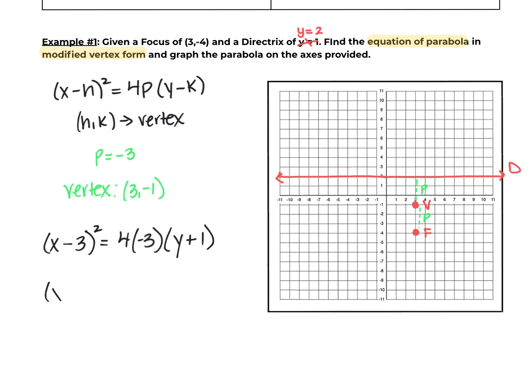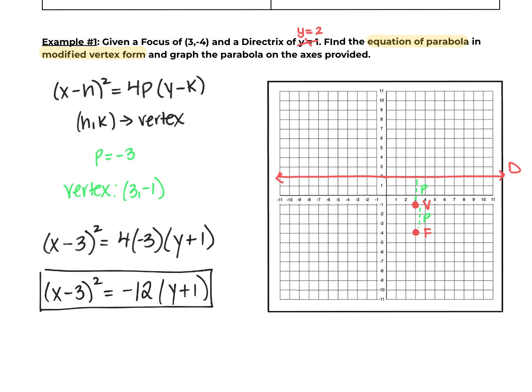If we simplify this, we have (x − 3)² = −12(y + 1). And that is our modified vertex form. This negative indicates that we have a parabola that opens down. So now, just to answer the rest of the question, it says graph it.